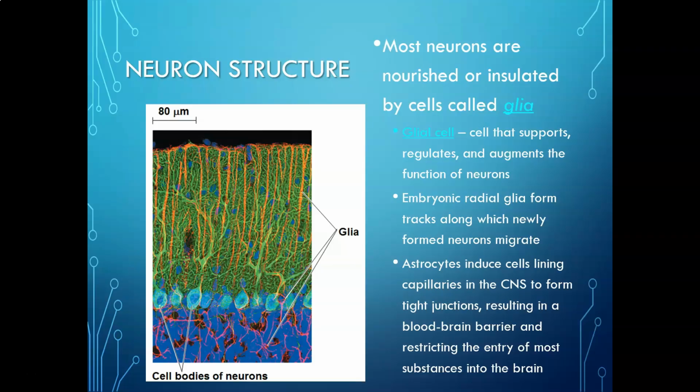You've also got astrocytes. These are cells that induce cell linings in your capillaries, in your central nervous system. This is really what's going to allow these tight junctions to form. And if you remember, we talked about these back when we talked about cell structure. Tight junctions are barriers that form from one tissue to the next, so you're not leaking fluid everywhere.